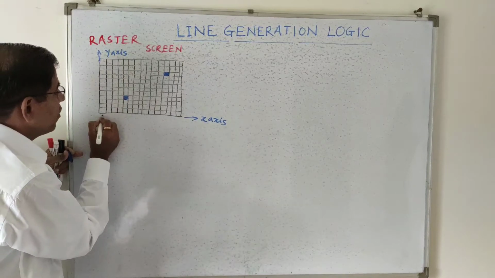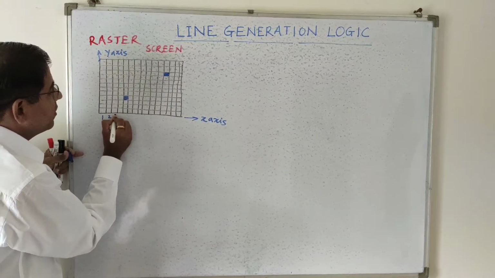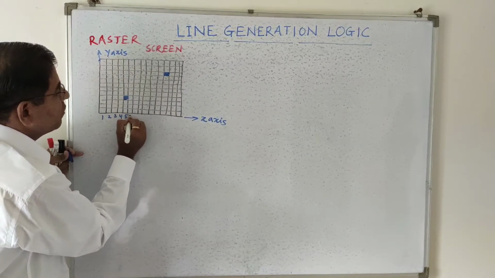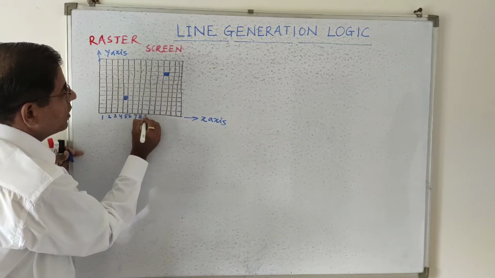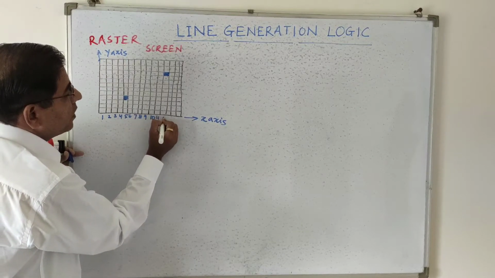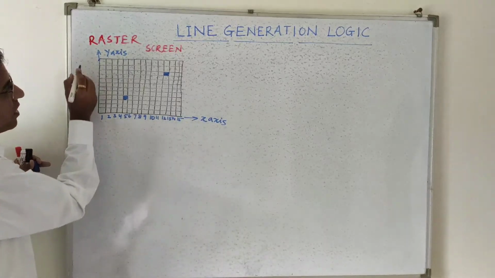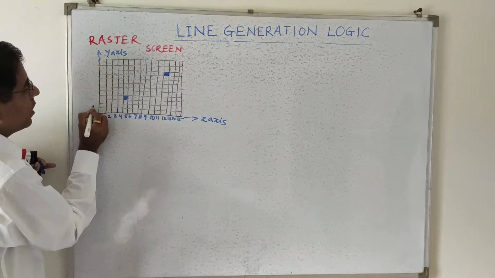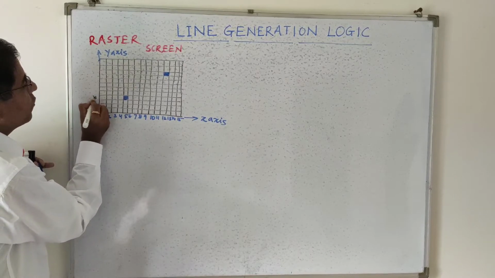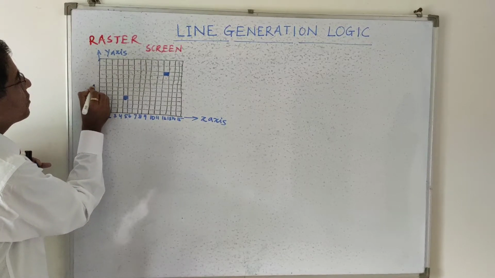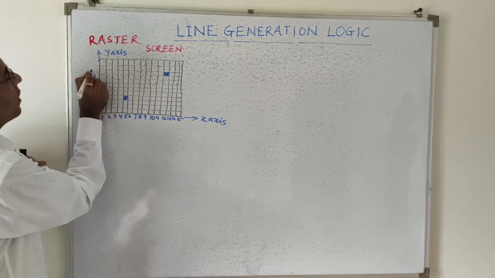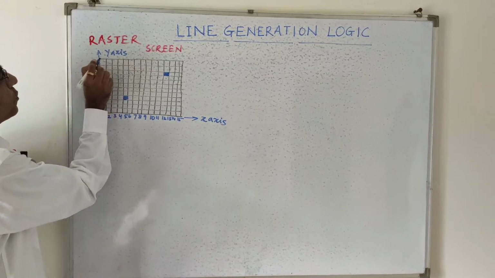This is the first horizontal pixel, second, third, fourth, fifth, sixth, 7, 8, 9, 10, 11, 12, 13, 14, 15. Similarly, vertical pixels are numbered 1, 2, 3, 4, 5, 6, 7, 9, 10, 11, 12.